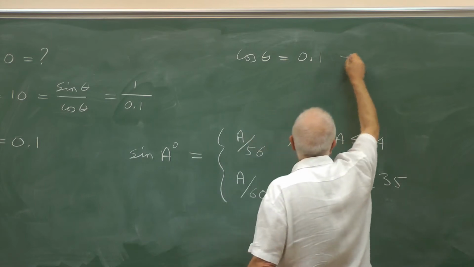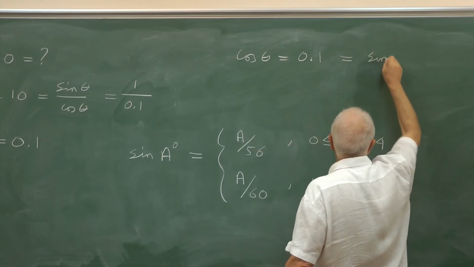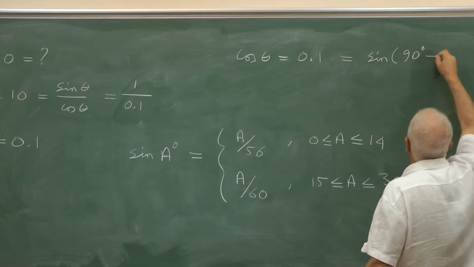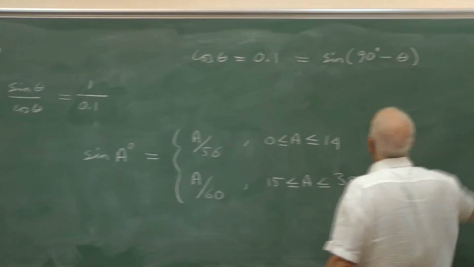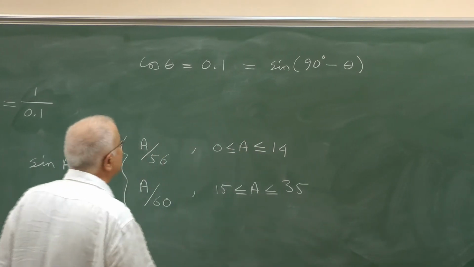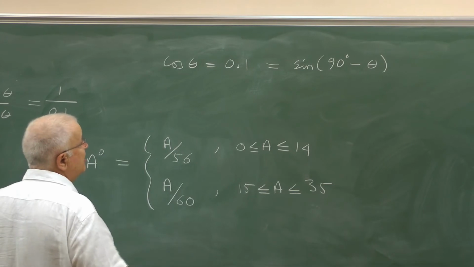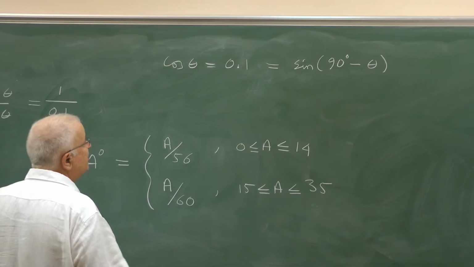But I can rewrite this as sine of 90 degrees minus theta equals cosine theta. Now, 90 minus theta is a small angle.